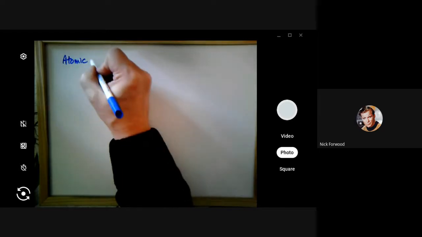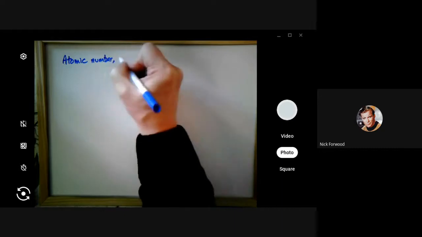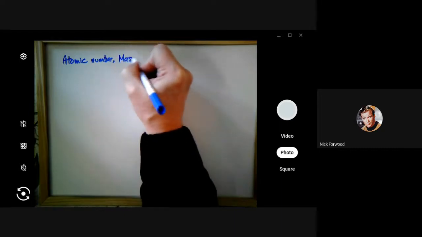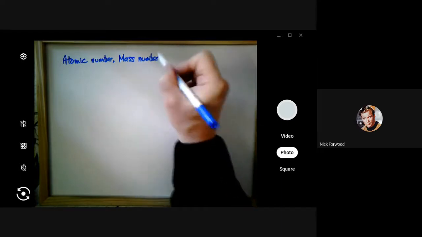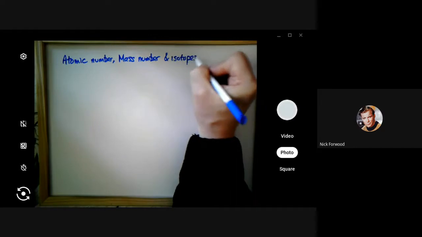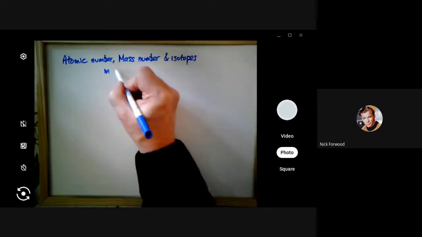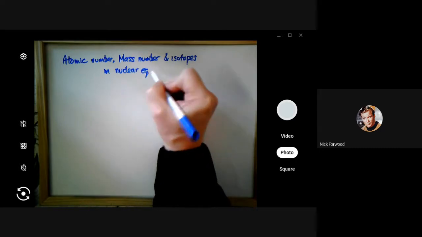Atomic number, mass number, and isotopes in nuclear equations.